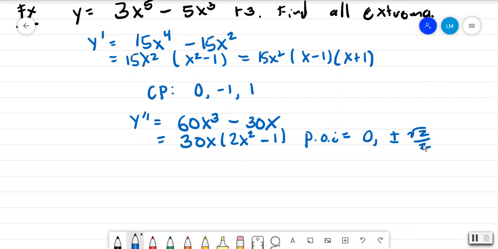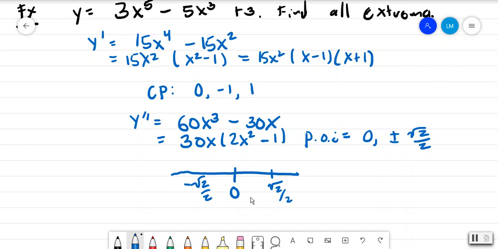We didn't really need these, but I wanted to put it there so you would know that 0 is not anything because it's a point of inflection. So you have 0, root 2 over 2, and negative root 2 over 2.